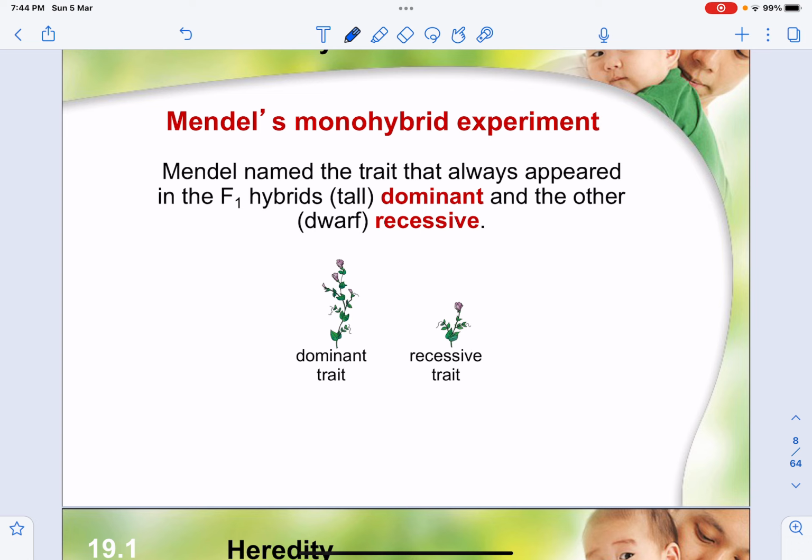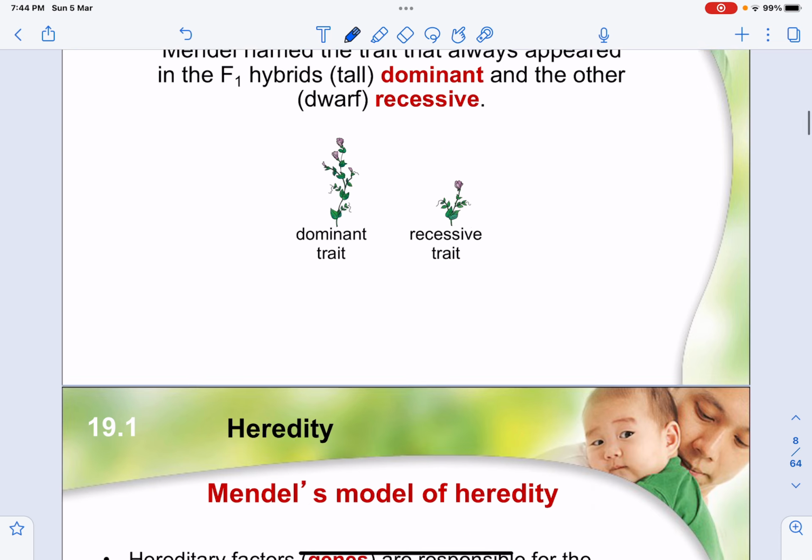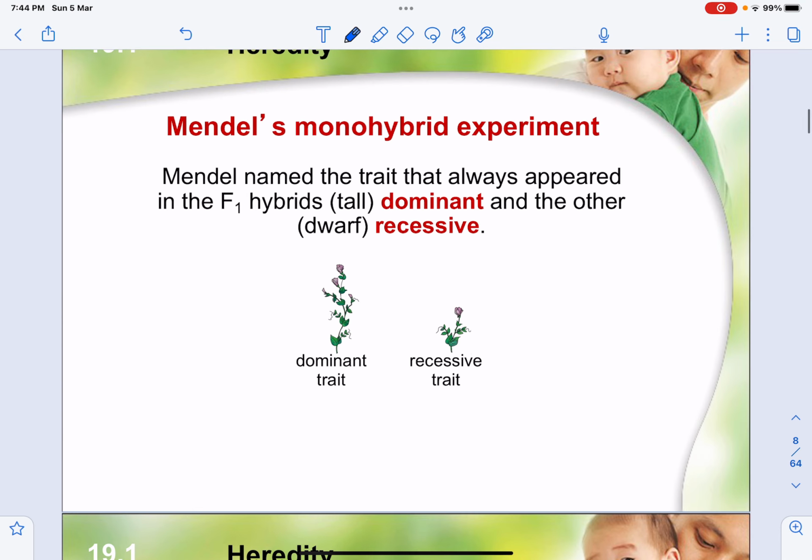First of all, from the parent's point of view, the tall parent and the dwarf, you have capital T, capital T and small t, small t, because those are purebreds.